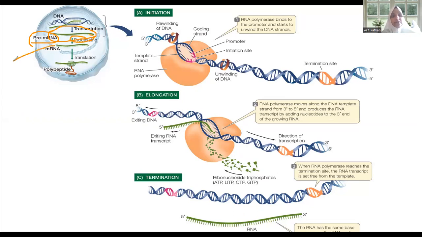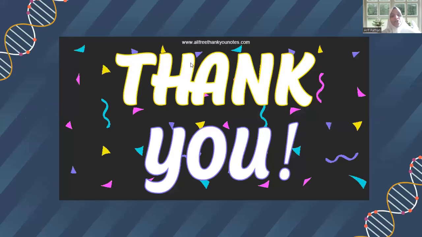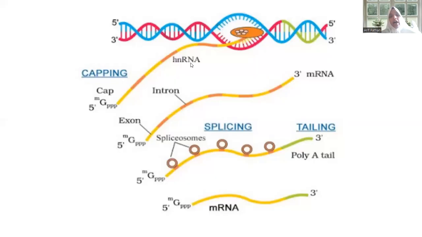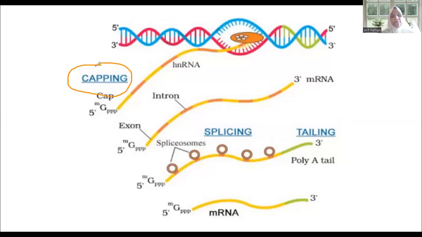There are three steps. Then the mRNA will be made functional, and it will be exported from the nucleus to the cytoplasm in the cell. So what are those steps? You will see three steps involved: number 1 is capping, number 2 is splicing, and number 3 is tailing.